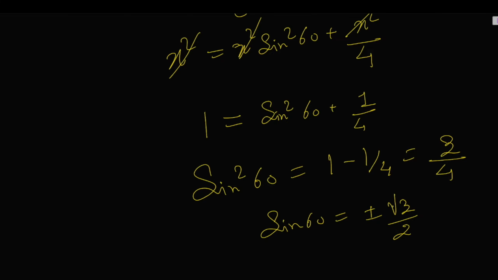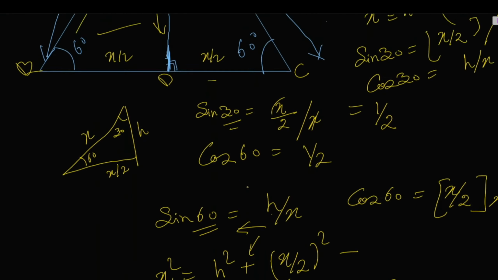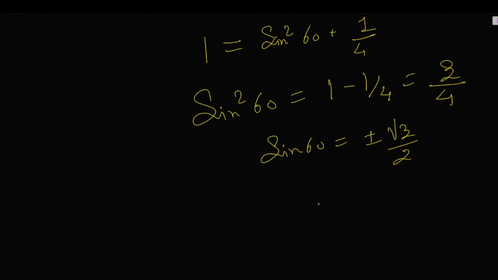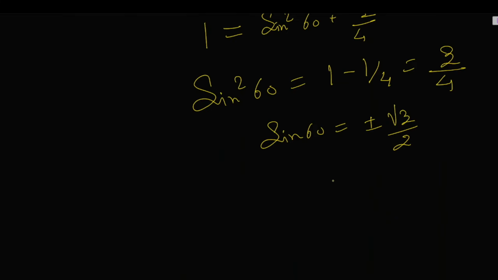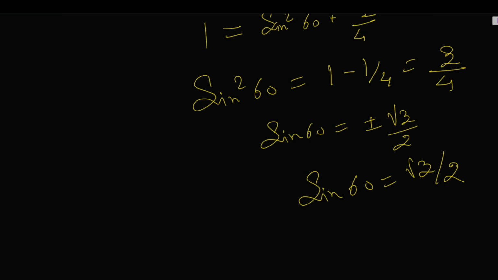Since we are taking only the distance here, it's in first quadrant only, so the value of sine 60 will be root 3 by 2. So if sine 60 is root 3 by 2, what will be cos 30? Root 3 by 2 as well.